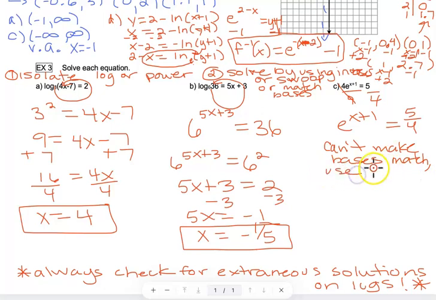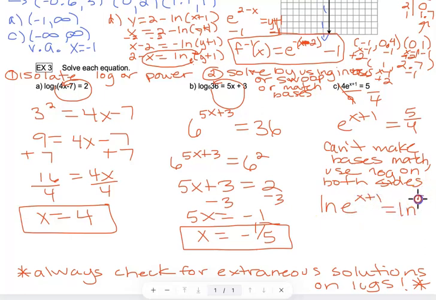we use the logarithm on both sides because a logarithm is the inverse of an exponential, which means I can undo this base e exponential if I take a base e logarithm on both sides. So the logarithm with base e is the natural log. So I am going to natural log both sides.